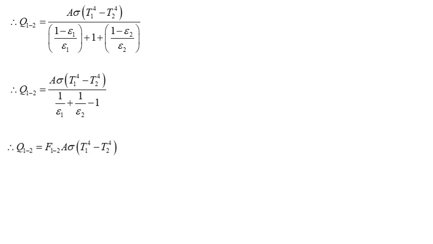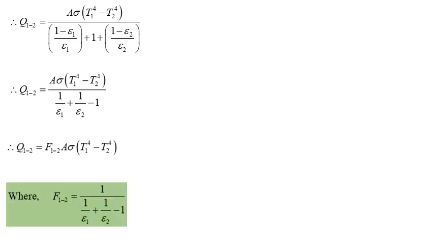This whole term, 1 divided by (1 by epsilon 1 plus 1 by epsilon 2 minus 1), is termed as F1 to 2. So we can write this equation as Q1 to 2 is equal to F1 to 2 into A into sigma (T1 to the power 4 minus T2 to the power 4), where F1 to 2 is equal to 1 by epsilon 1 plus 1 by epsilon 2 minus 1.